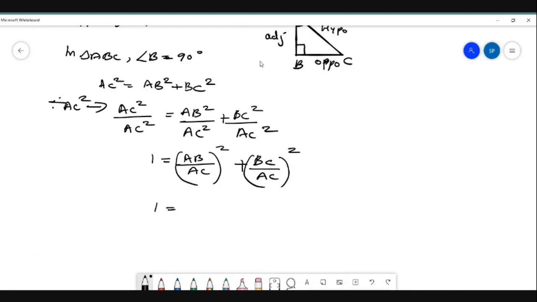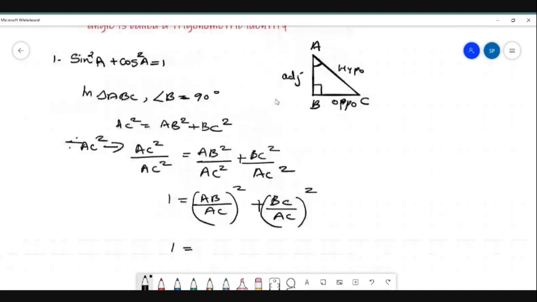Now we'll come to the triangle. With respect to AB by AC, what is AB by AC? AB is the adjacent side, AC is the hypotenuse. So adjacent side divided by hypotenuse, we know that it is cos A. Cos of an angle is adjacent side divided by hypotenuse.